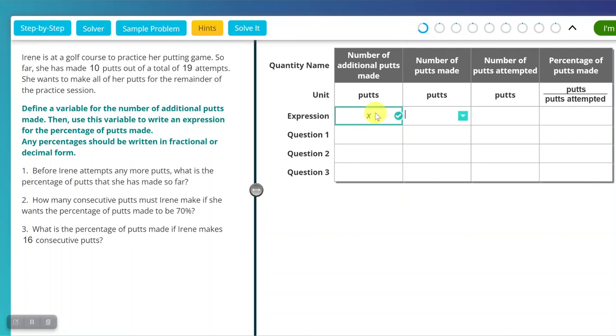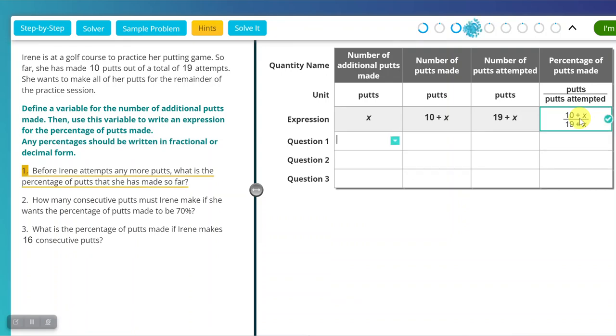The number of putts made, let's see, she already made 10. We're going to add the x. She already attempted 19. We're going to add x, and then we're going to divide. So it's 10 plus x divided by 19 plus x.